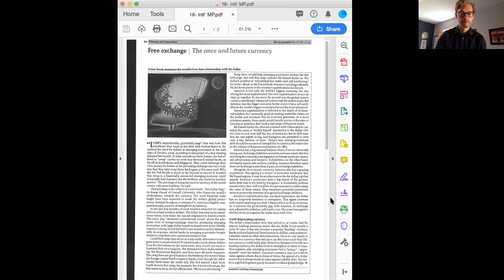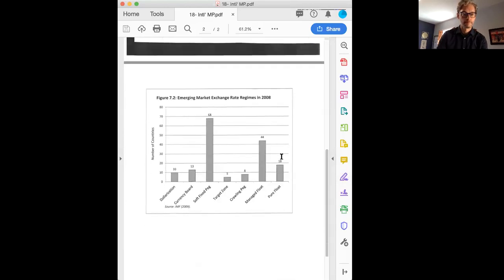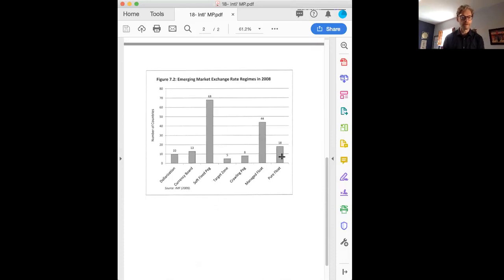If you want to see what most countries do today, this is just a look at the different kinds of exchange rate regimes that different countries follow today. There's countries that have dollarized, and dollarized basically means they just use US dollars as their currency.